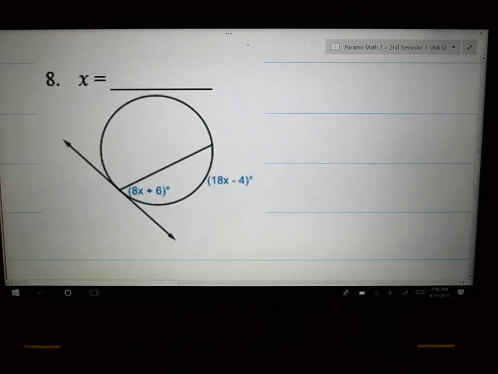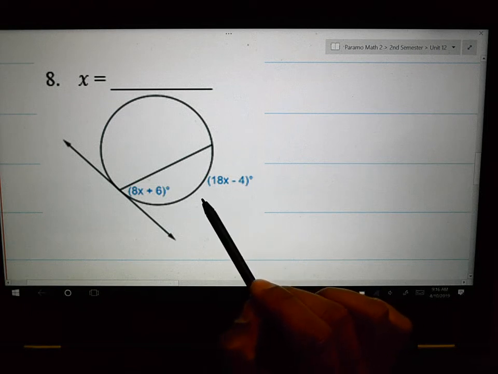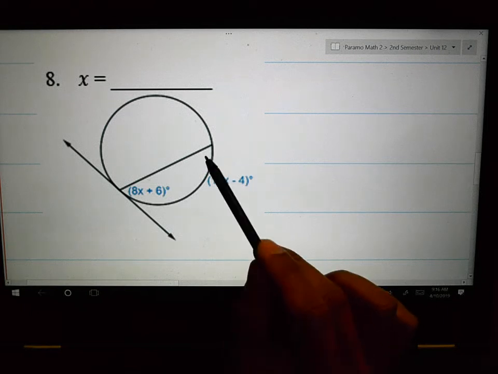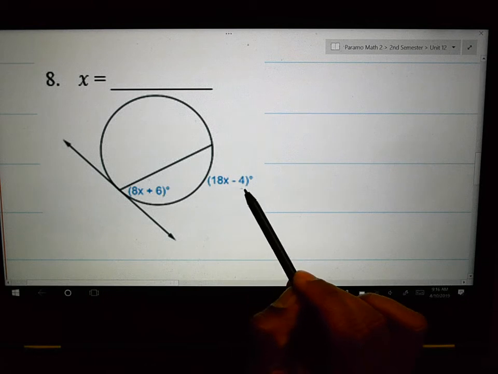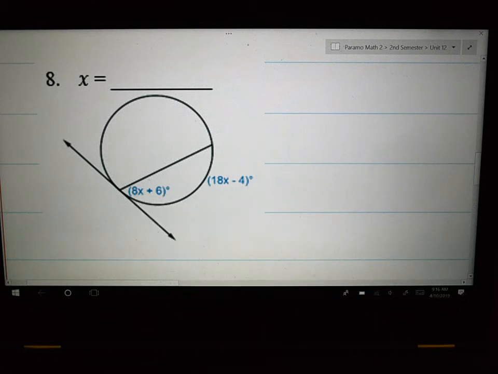I chose number 8. Why did I choose number 8? Because the hardest that it gets is when they have 2 sets of algebraic expressions, meaning this arc is going to be 18x minus 4, and this other angle is 8x plus 6. And so what do you do when they don't give you an actual measurement for that arc or that angle?